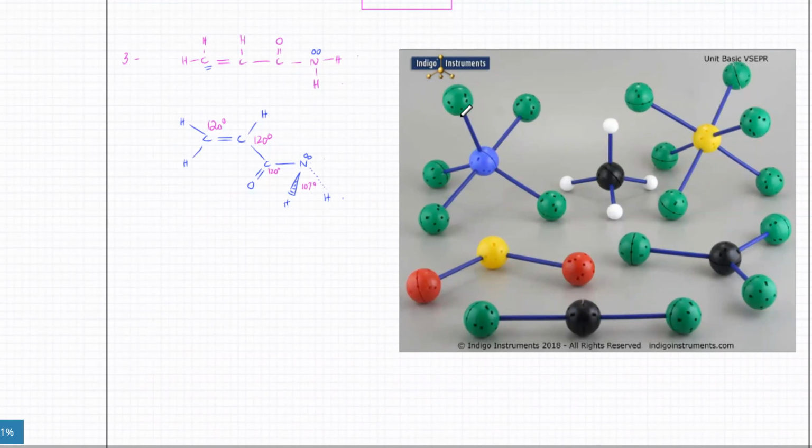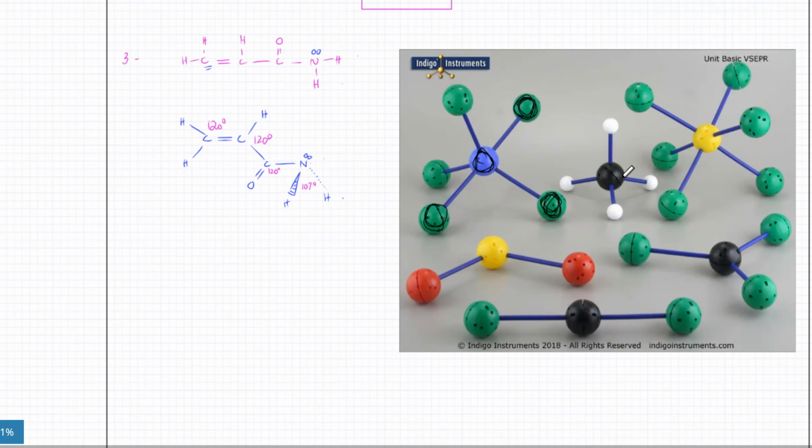But let's say if I talk about this atom and this atom and this atom only, then these three are lying in the same plane. I mean, they can be completely planar. Even this one can be planar. If these two were not there, then these three would be completely planar. This atom and this atom are lying in exactly the same plane.